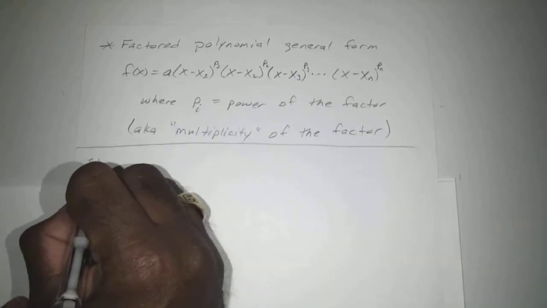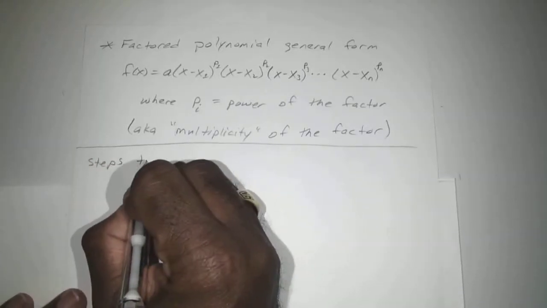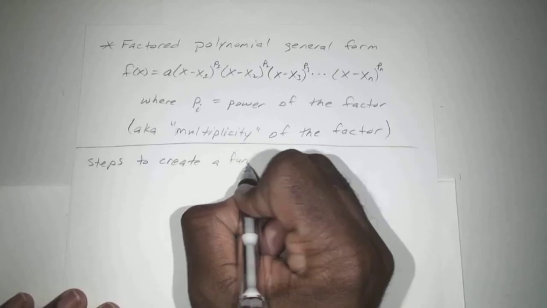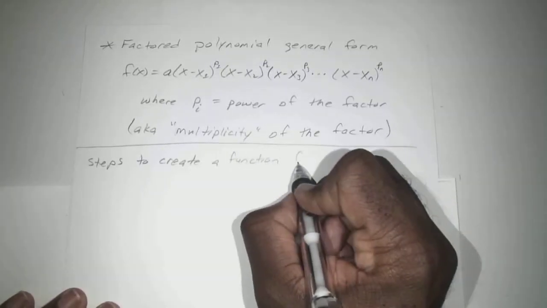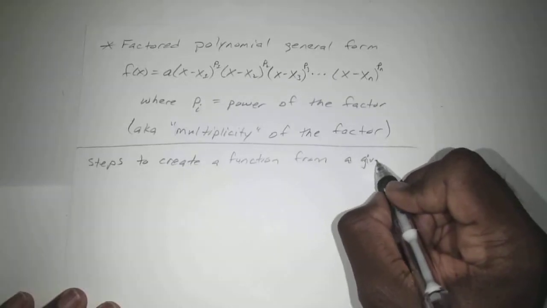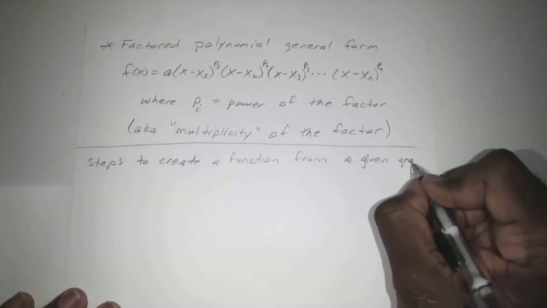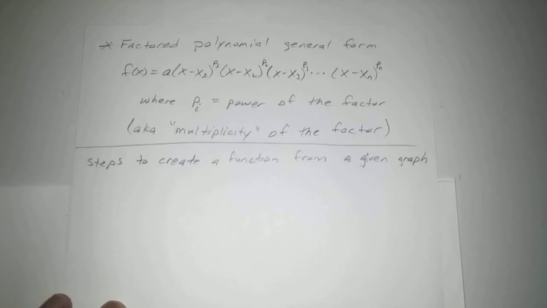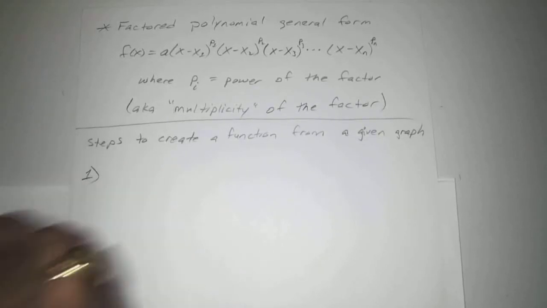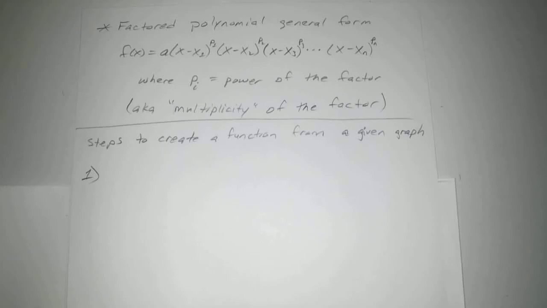Okay, so now we're just going to have the steps to create a function from a given graph. Okay, so they're going to show us a graph, and we find out the function. We create the function. Okay, so your first step, you want to find your x-intercepts.